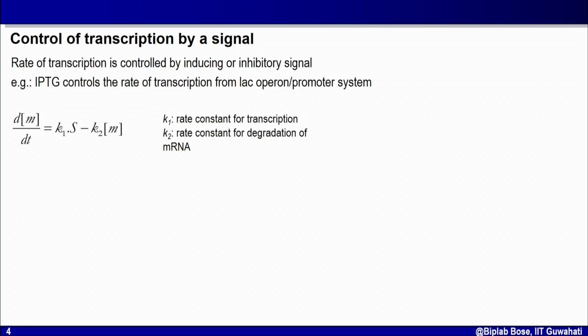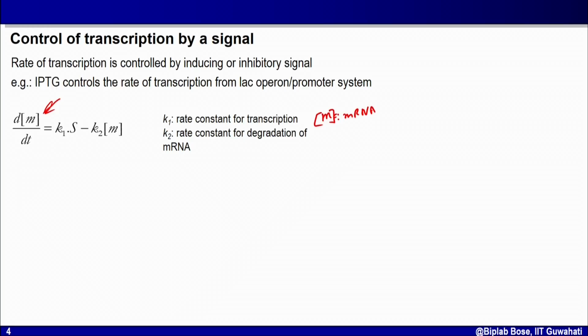So I can write a simple ODE the way I have shown here. dM/dt is equal to, where M is the concentration of the mRNA. So the rate of change of concentration of mRNA is equal to K1 into S. K1 is the rate constant for transcription.